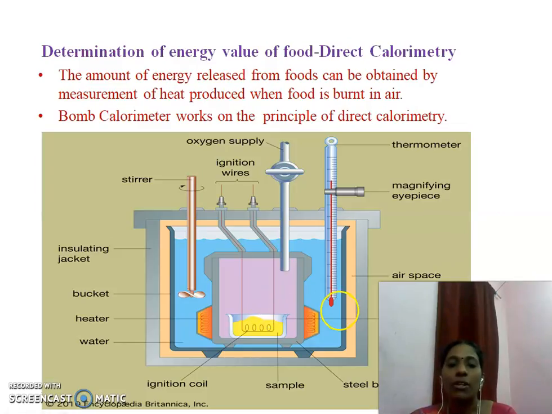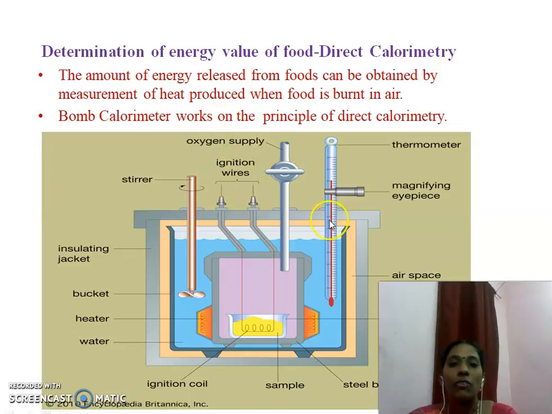The heat produced by the food will be absorbed by the water which is present in the bucket. So here we can see the temperature of the water will definitely increase because of the absorption of the heat from the food sample.